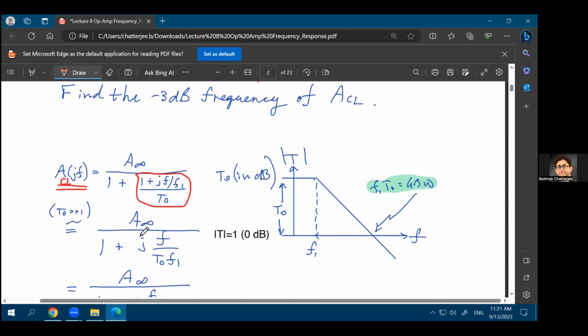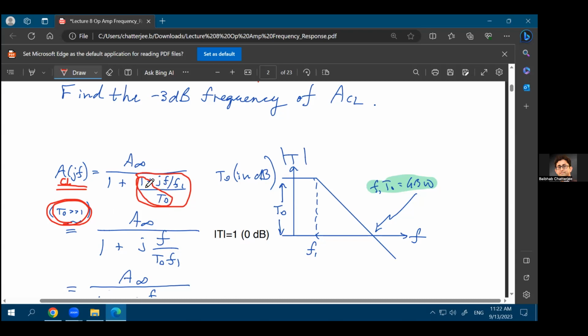Okay. Now, because your T naught is much larger than 1, your loop gain is much larger than 1, as you have seen in homework number 2, that if you multiply A with beta, you'll still have a quantity which is much larger than 1. If T naught is much larger than 1, what will happen to this quantity of 1 over T naught? That's very small. So you can just ignore it. Again, for practical designs, you can just ignore what is very small.